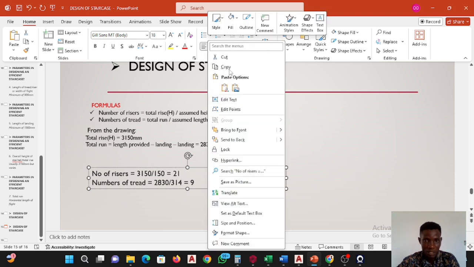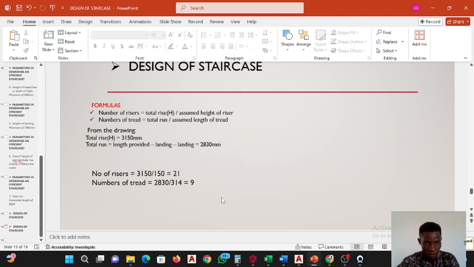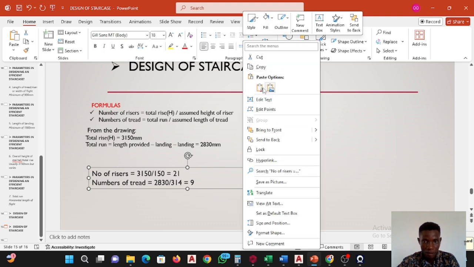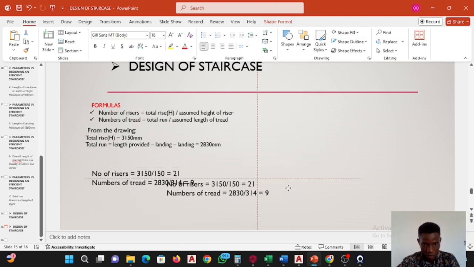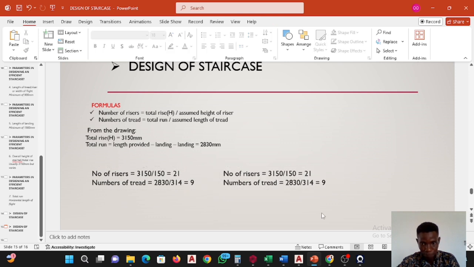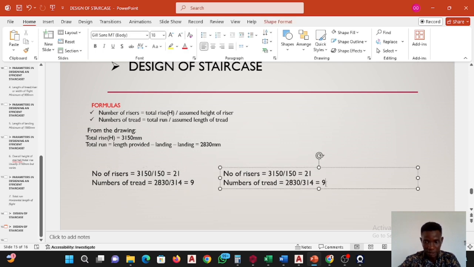And let me copy it and do it for the second flight. Okay, let me put it side by side. This one is 9, and I want this one to be 10.